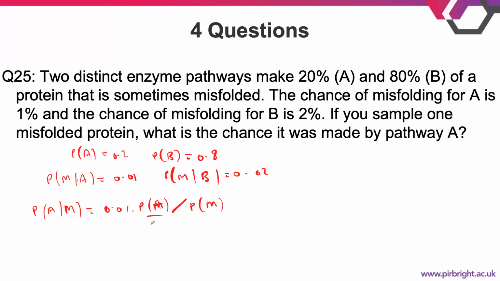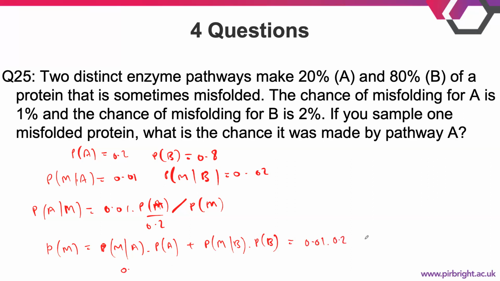So we know that's 0.2 there, and therefore we have to work out the probability of being misfolded, which is the probability of being misfolded by A, by the probability of A, plus the probability of being misfolded by B, multiplied by the probability of B. So here, we write 0.01 by 0.2, plus 0.02 by the probability 0.8.